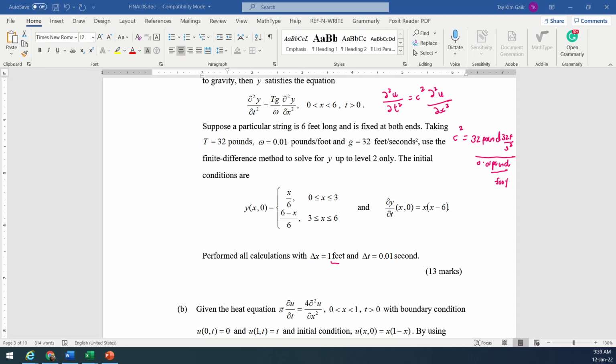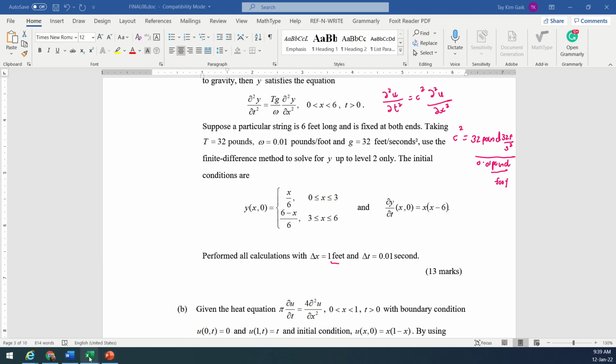Yuqi, what's the boundary condition? Who wants to help? Muhammad Saman: x equals 0.